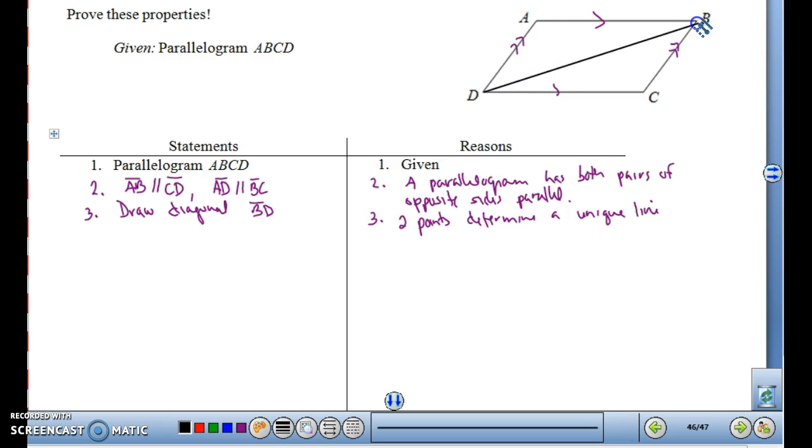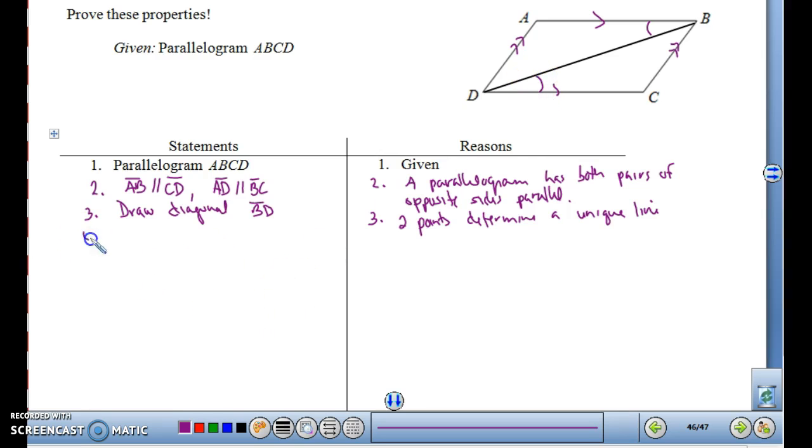Now, what does that diagonal split the parallelogram into? 2 triangles. Now, if the lines are parallel, and we want to prove that the opposite sides are congruent, we probably want to prove the triangles congruent. So, let's prove the triangles congruent. If the lines are parallel, what do we know about the angles? Well, aren't alternate interior angles congruent? Yeah, they are. So if AB and CD are parallel, that means that angle ABD and CDB are congruent.